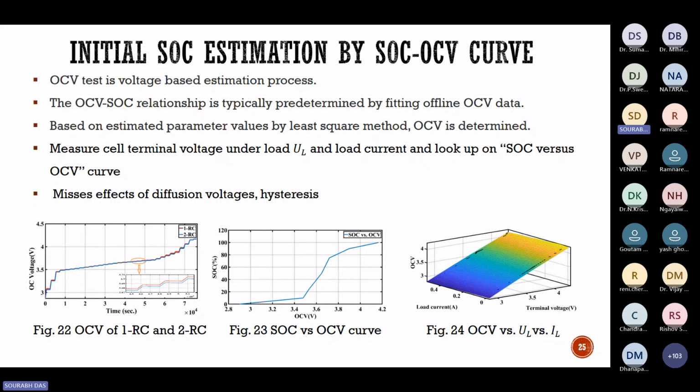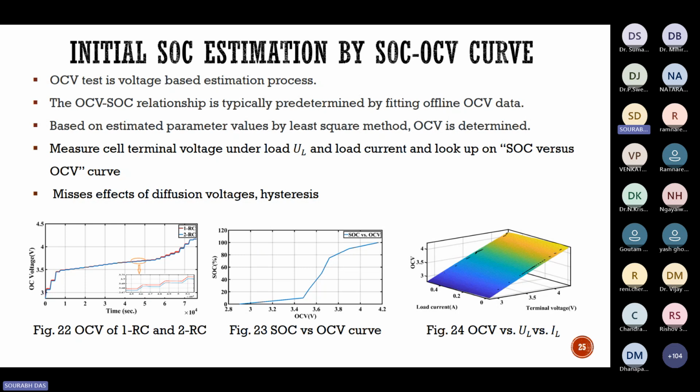So what is hysteresis? Hysteresis is when OCV can differ depending on whether the battery is being charged or discharged, leading to inaccurate SOC prediction.